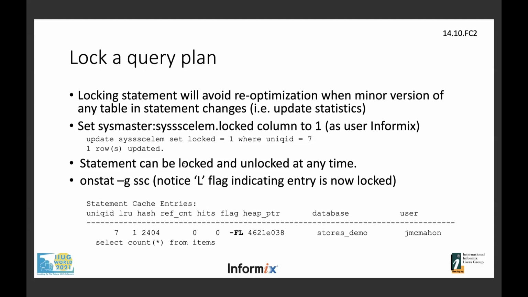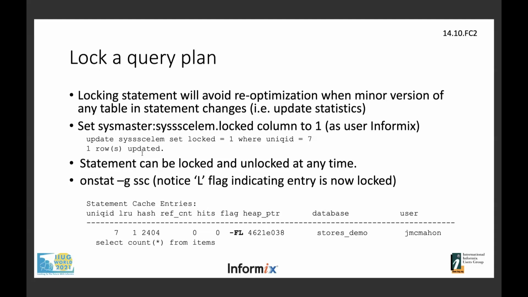We don't care about the minor version change. But if you do something like add a column to your table, that's a major version change, and the lock protection doesn't keep you from having to rebuild the plan for that. Those types of entries will get purged and rebuilt at a later time.